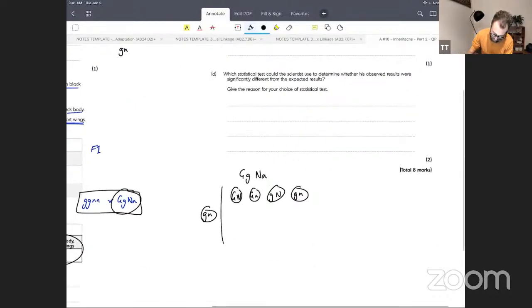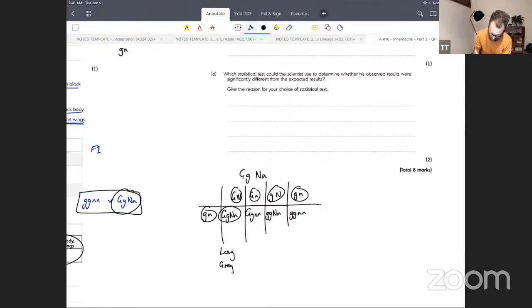So what do we get if we cross this? Okay, so we've got one big G and one big N. So this is, I think, long and gray. And then we've got long wings and black.